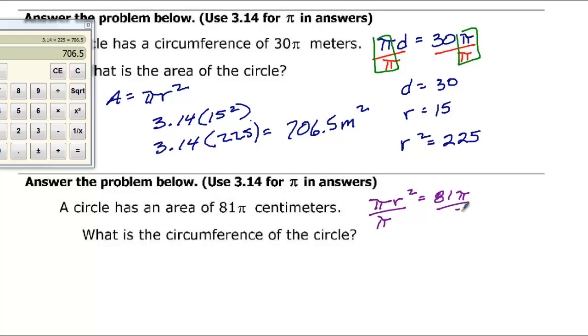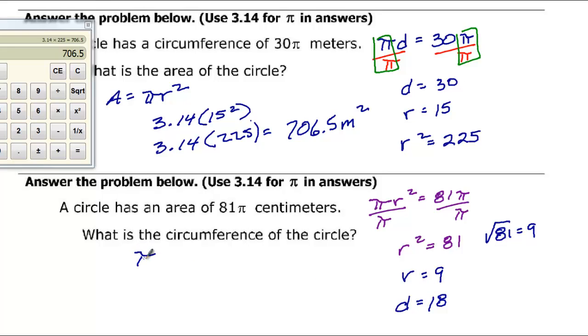Divide both sides by pi. R squared equals 81. What number times itself makes 81? Another way to say that is, what's the square root of 81? Well, that would be 9. So now r is equal to 9, which means the diameter is equal to 18.